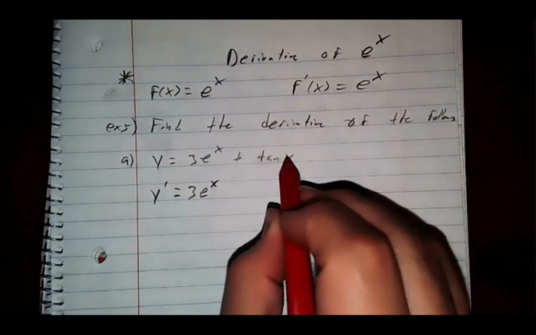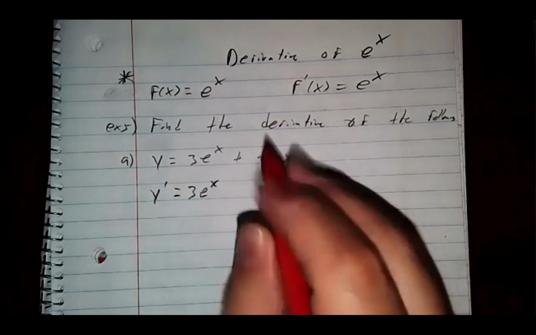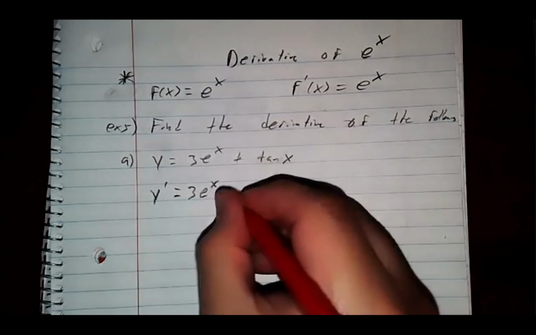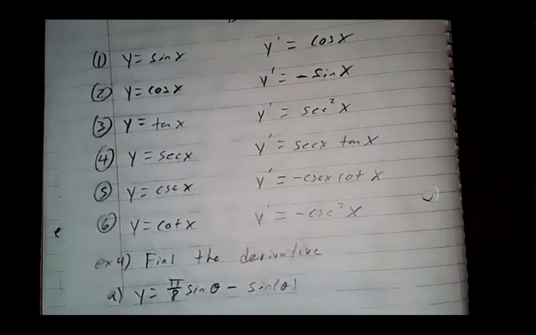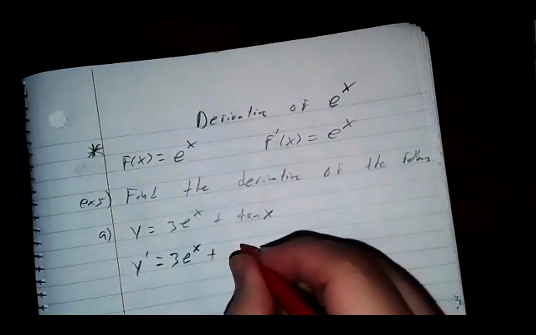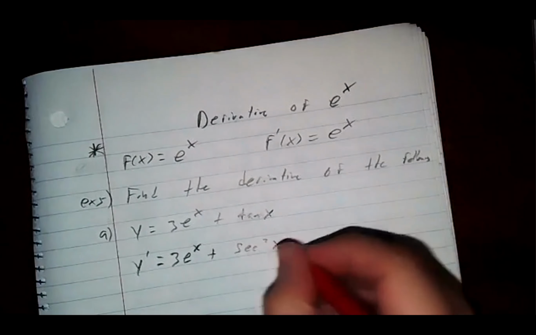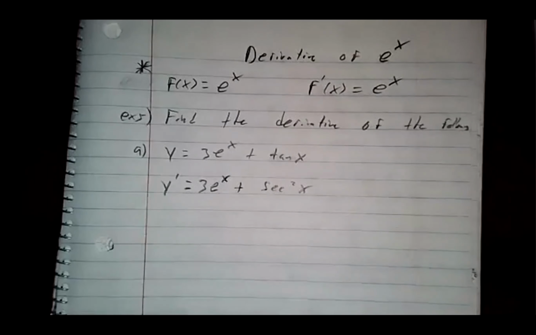Derivative of tangent is going to be, right, what did we say? Secant squared. So this will simply be secant squared x.